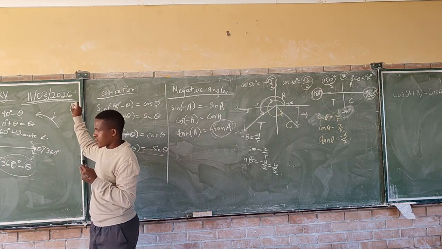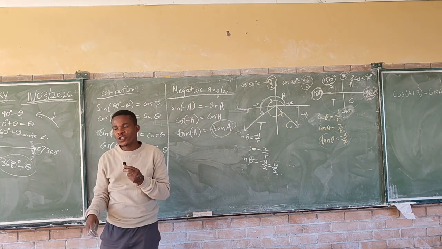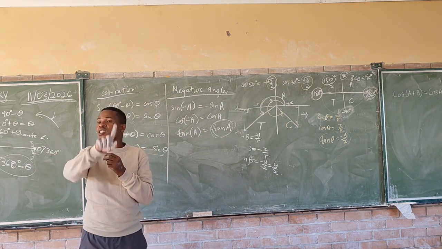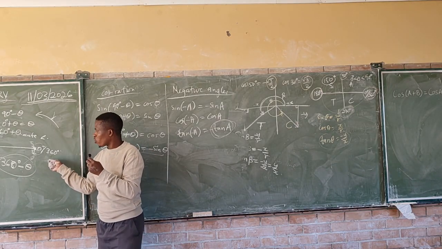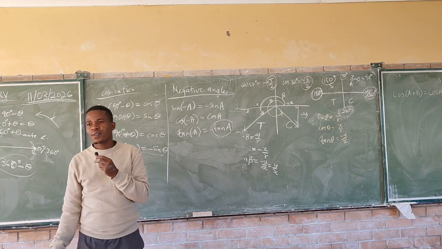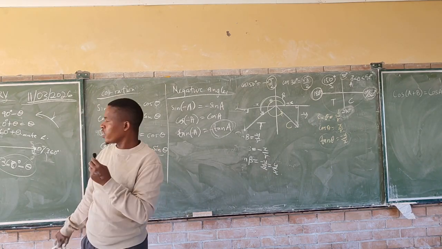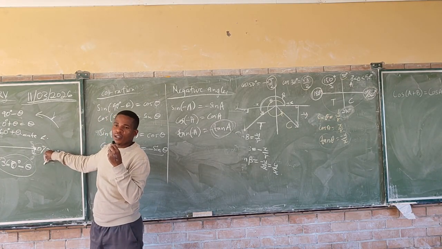That's why they are positive angles. When you go in the direction of the watch, it is clockwise. Then anticlockwise is the opposite, and that would be negative angles. So anything from 0, moving in that direction, is going to be negative.